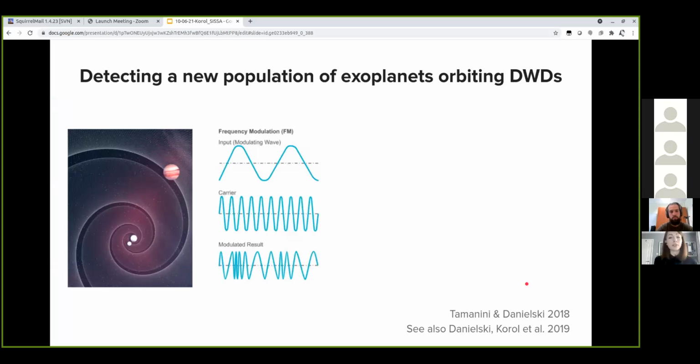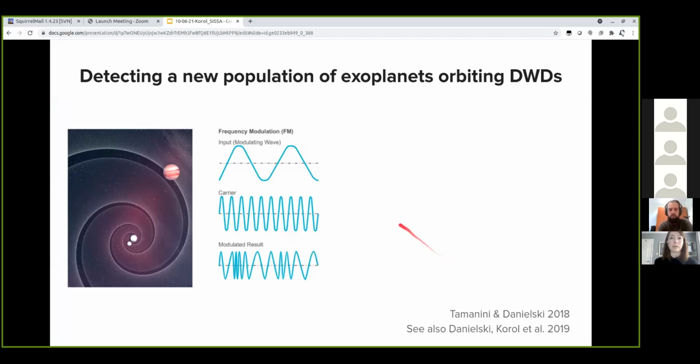And we can look for them in the LISA data through the frequency modulation that they introduce into the double white dwarf signal. And that works in the same way as FM broadcasting.